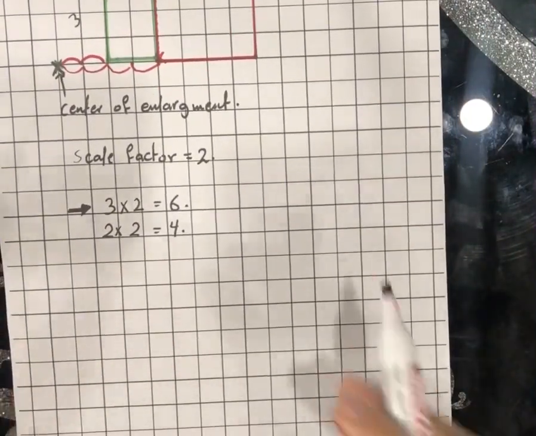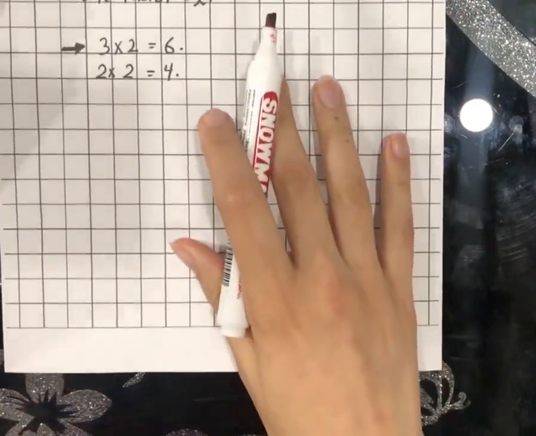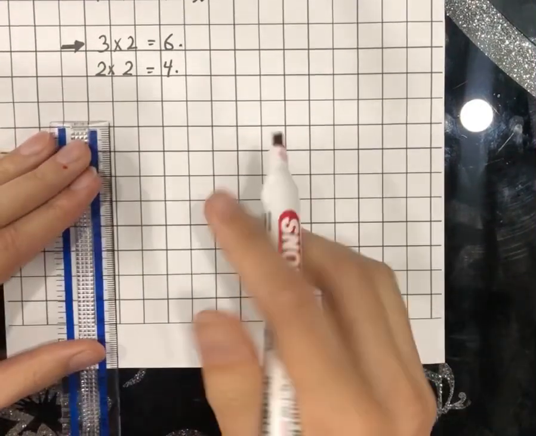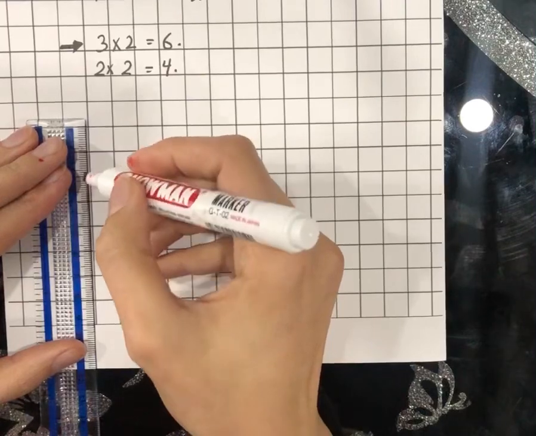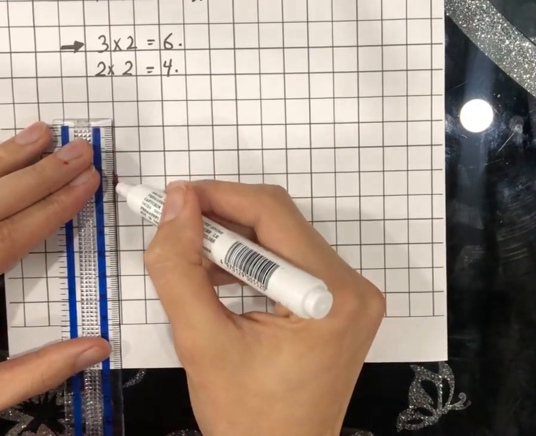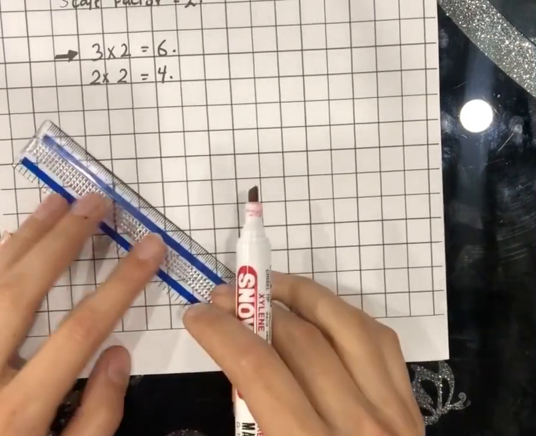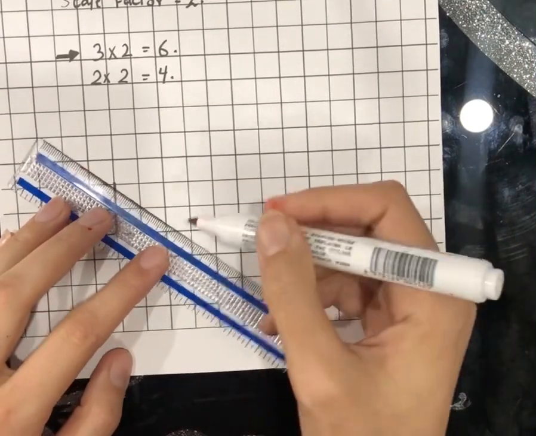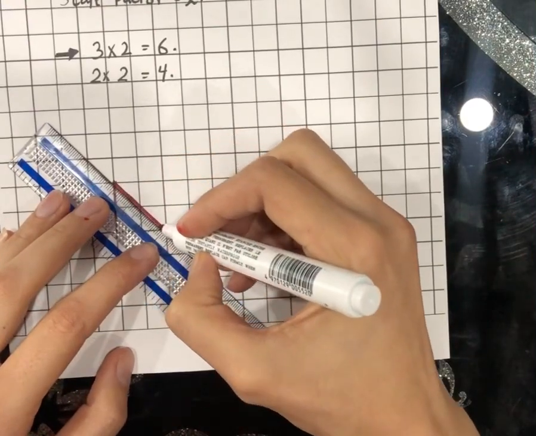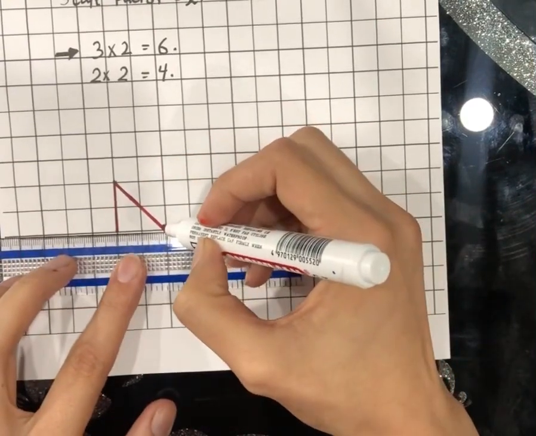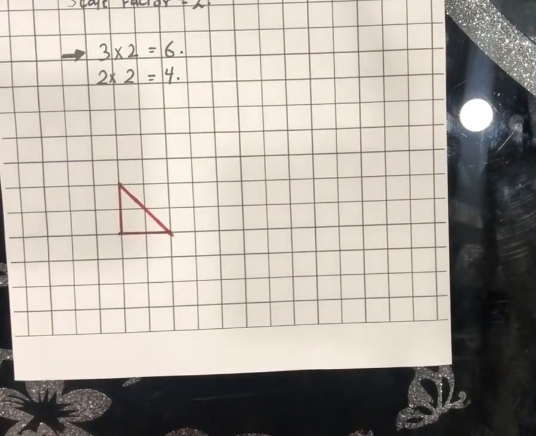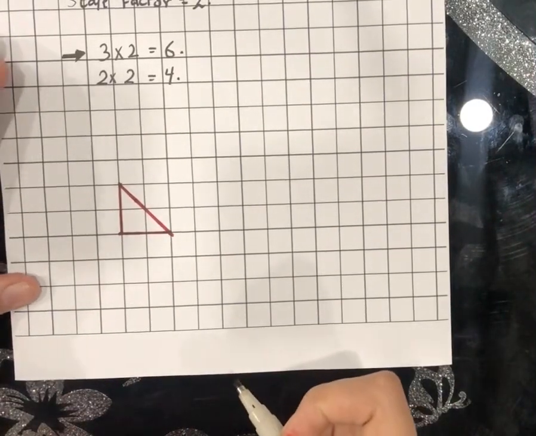Let's take another shape. What if my shape was a triangle? Let's draw a triangle here. My scale factor will be 3.